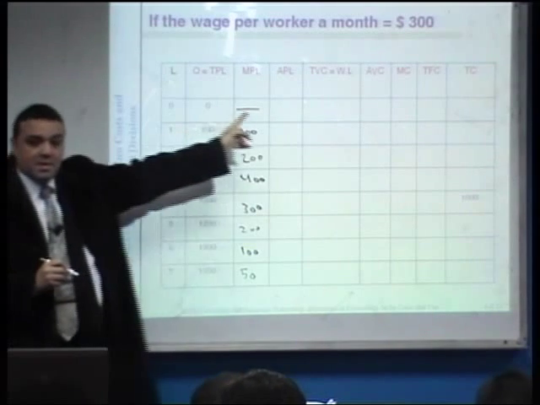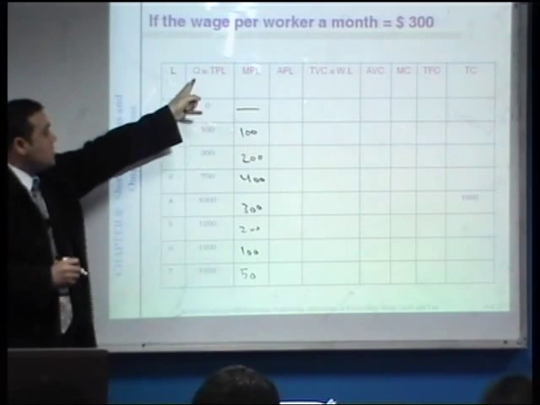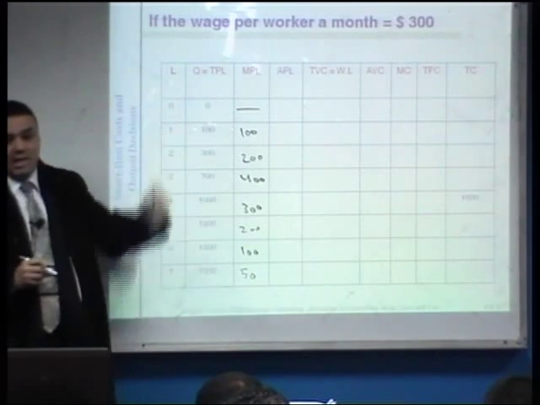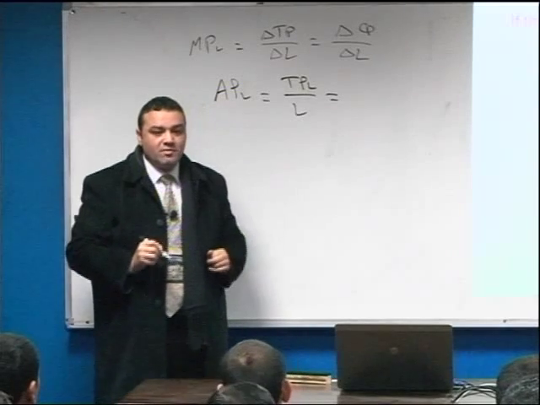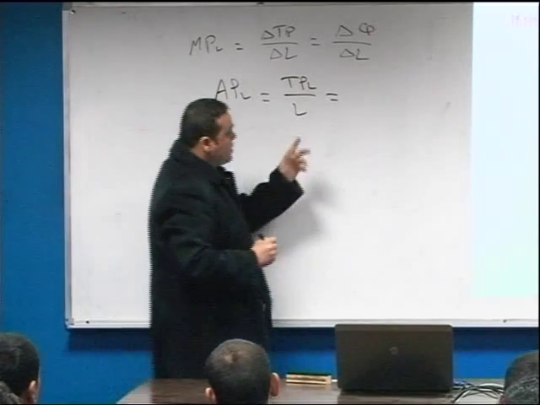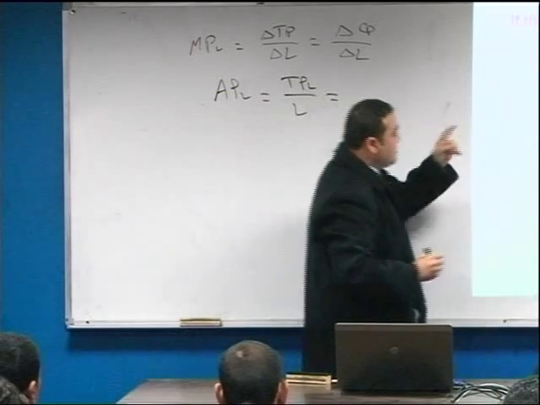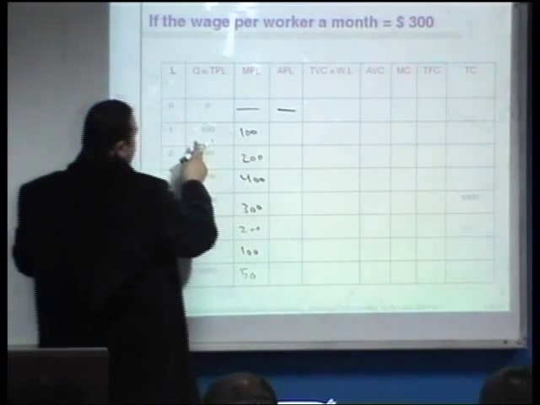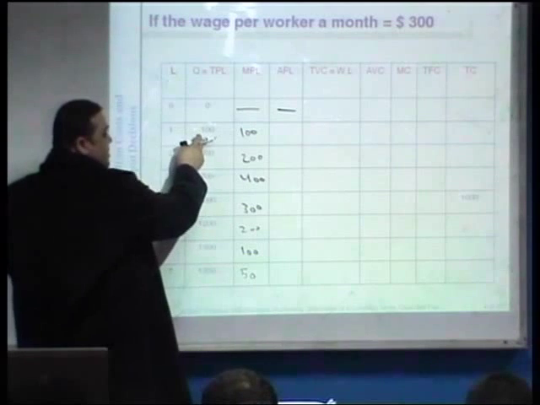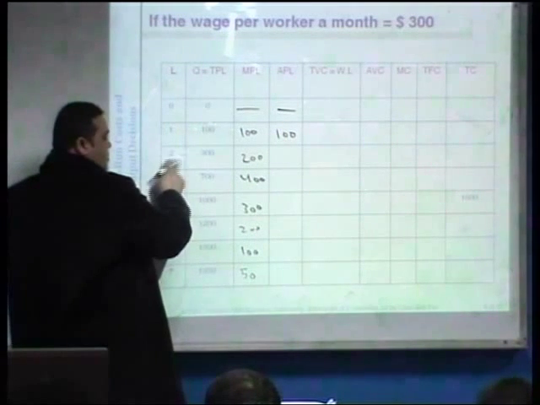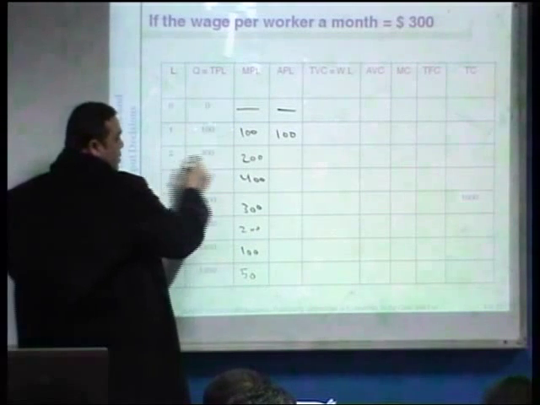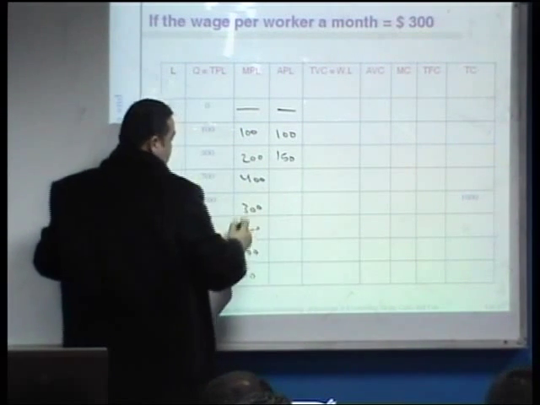What about APL? APL equals total production over L. APL equals TPL over L. The average production of labor is TPL over L: 100 over 1, 100; 300 over 2, 150, and so on.